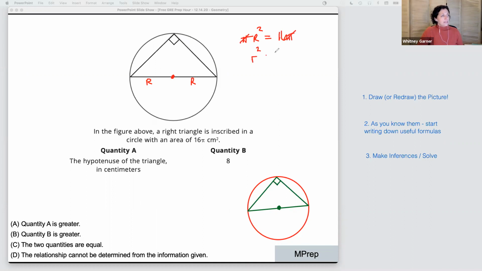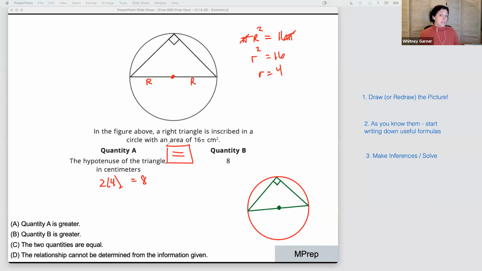R squared is 16. R is 4. Then the hypotenuse of the triangle in centimeters is 4. Or sorry, it's 2 times 4, which is 8. And so the two are equal here.